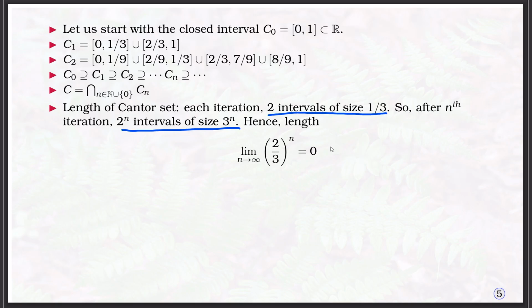Now, in each iteration we are removing a certain amount of interval, which has a length. Let us try to calculate how much we removed from the closed interval [0, 1] to obtain the Cantor set C. For that, let me go through the construction process.